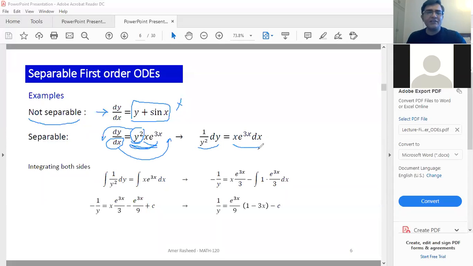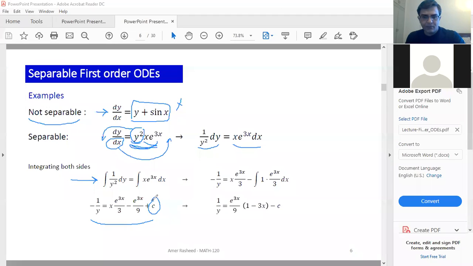Once we have separated the variables, we take the integrals on both sides. You can see that we now have the integral of 1 over y squared dy and the integral of x e raised to the power 3x. I hope you know how to integrate these kinds of simple functions. You can integrate them and obtain the solution along with the constant of integration.